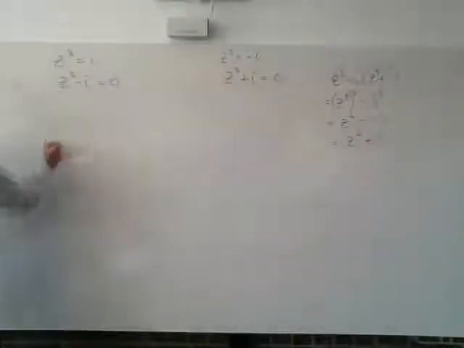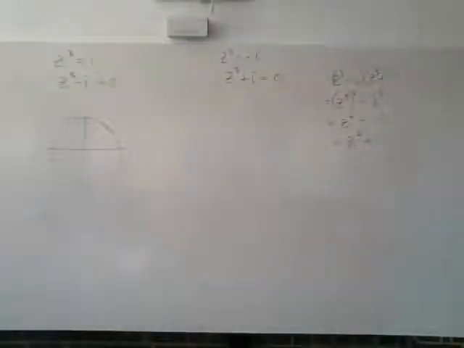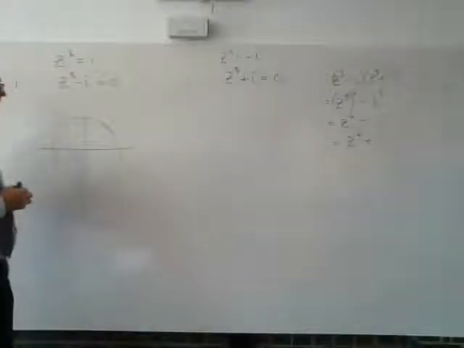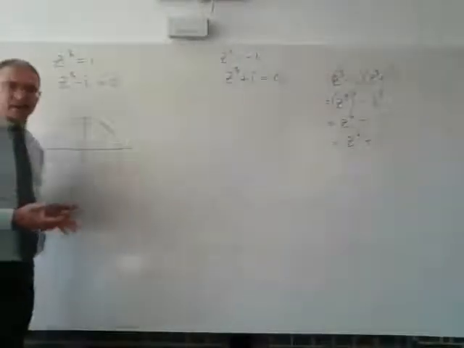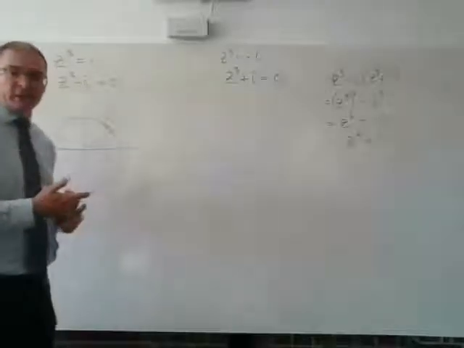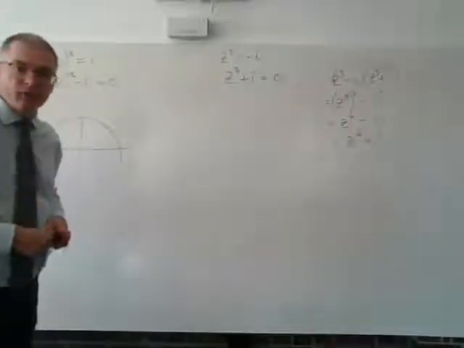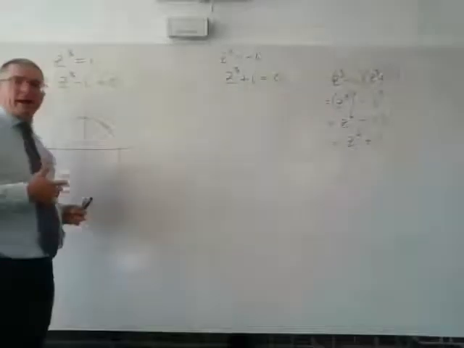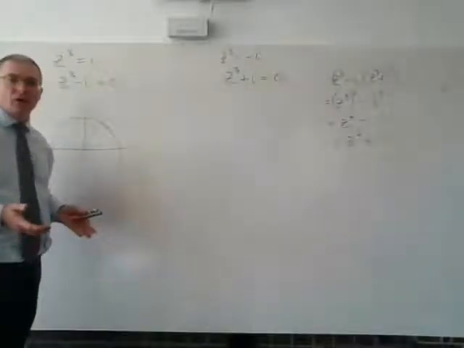So where do you think that the solutions are going to lie for that one? They're not going to lie in the same place as they did for z cubed equals minus 1 or z cubed equals 1. But they are going to form equilateral triangles on the complex plane.